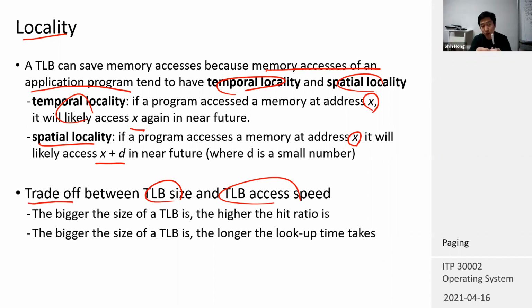If we increase the size of the TLB, then we can hold many page table entries at the same time and save on memory access time, but access time on a TLB entry itself becomes slightly longer. So it should be carefully designed.